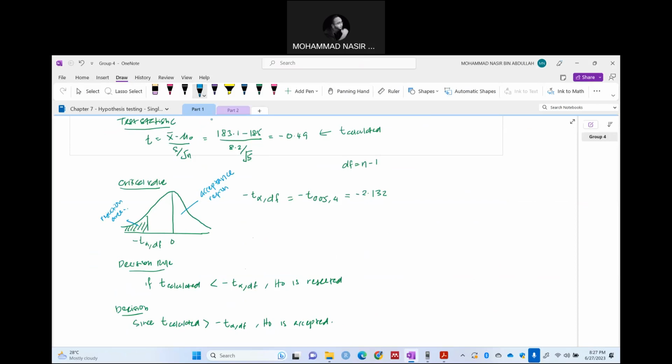Right? This is degree of freedom, right? This is alpha, our alpha is 0.05. Degree of freedom is n minus 1. So this is the value of degree of freedom, n minus 1. So our n is equal to 5 minus 1 equal to 4, right?